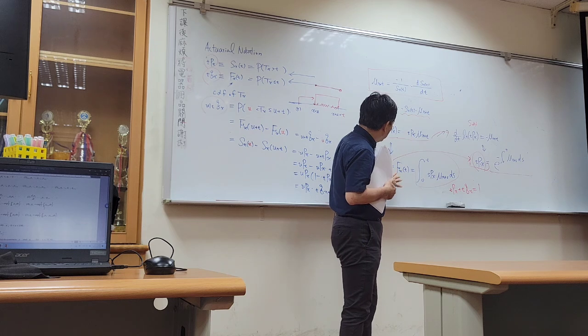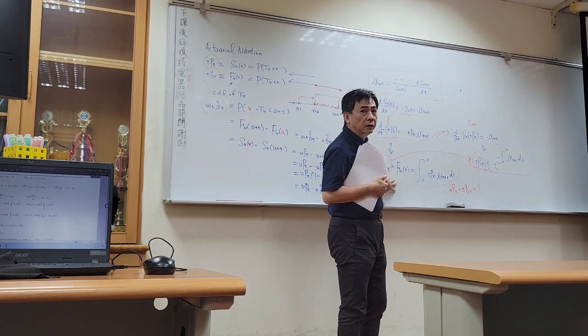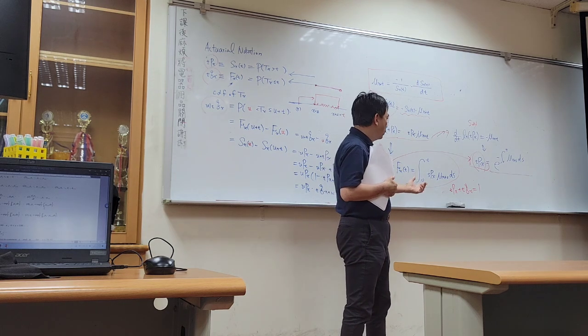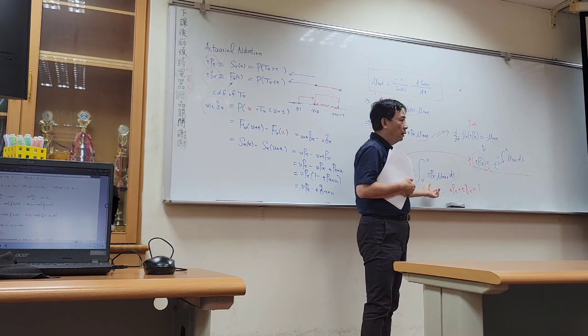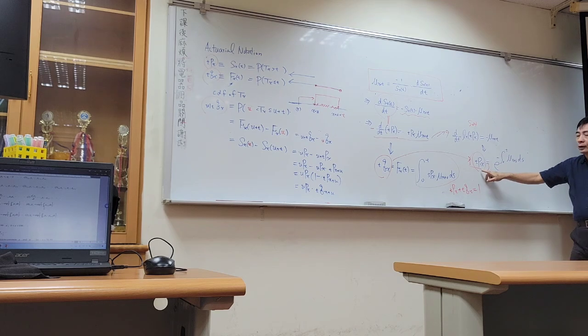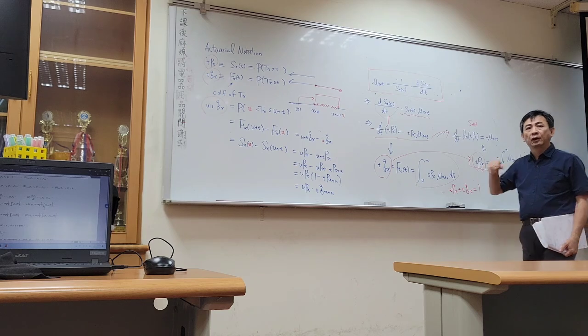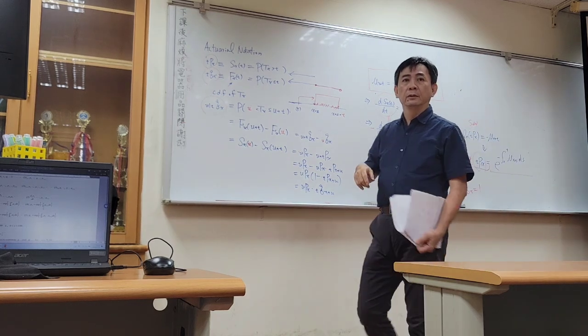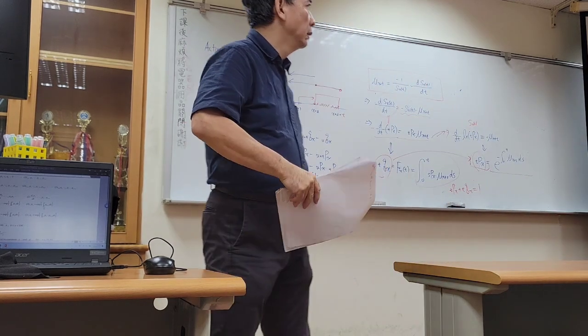One way would become tqx equal to this integral. The other one would go the other way: tpx equal to e to the power of this thing. Okay?